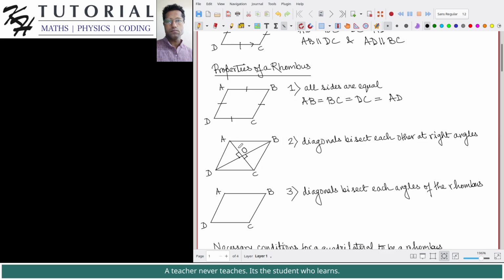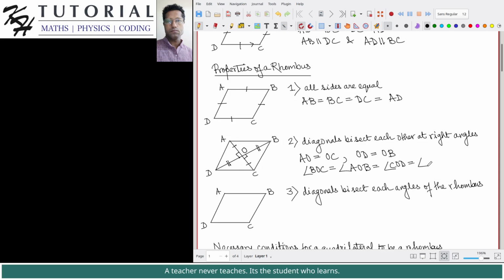So we must have AO equal to OC, and OD equal to OB, and angle BOC equal to angle AOB equal to angle COD.